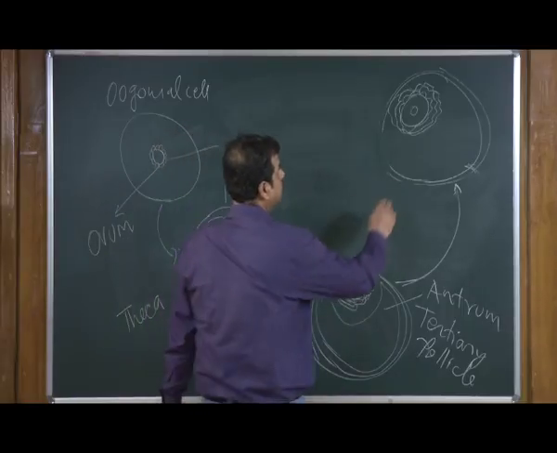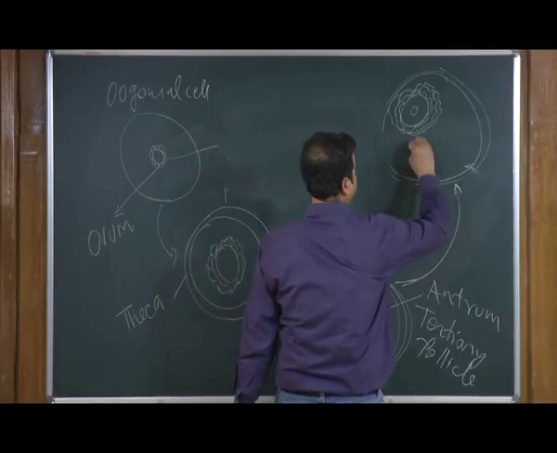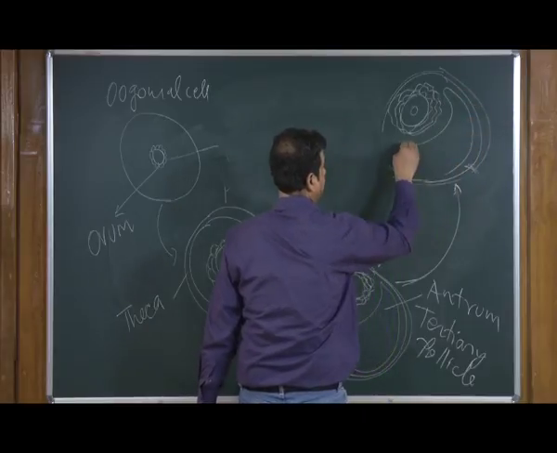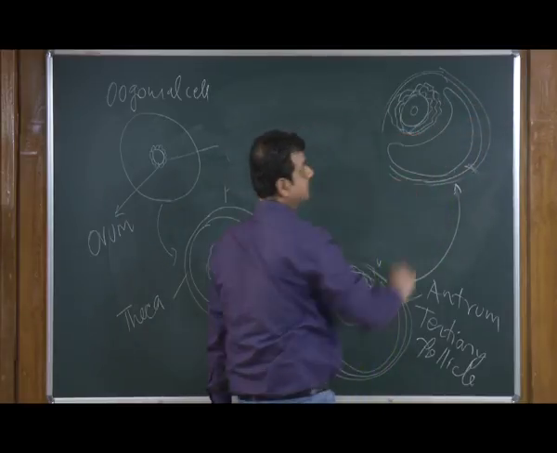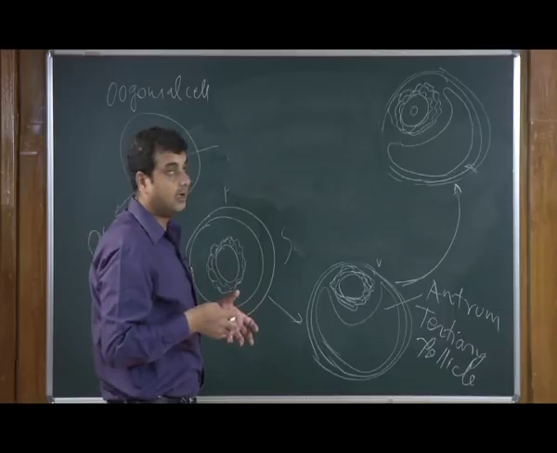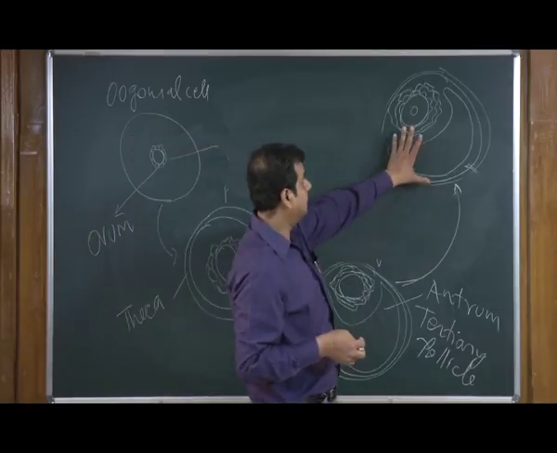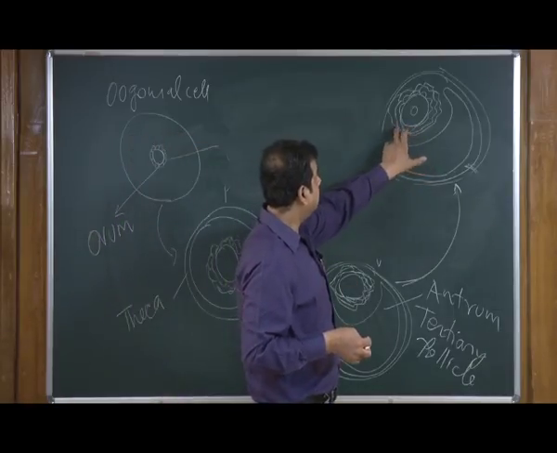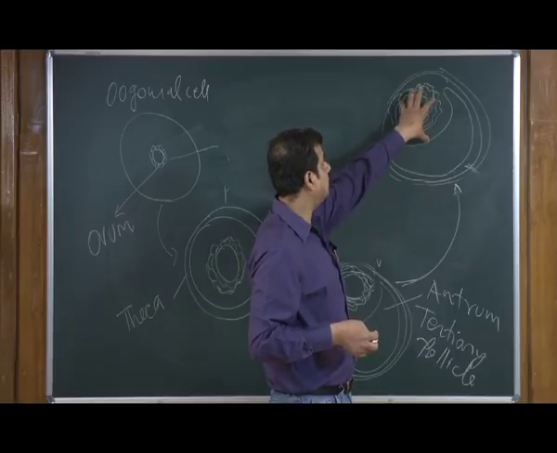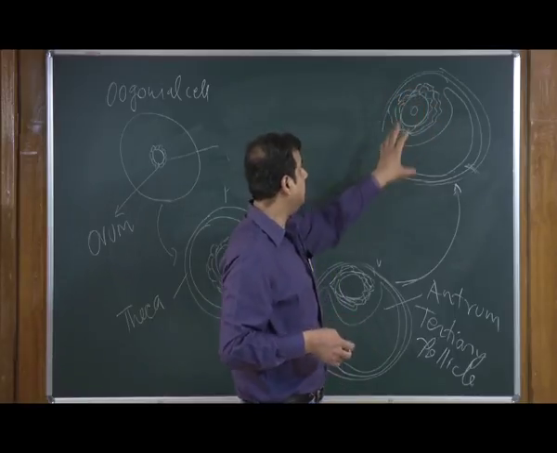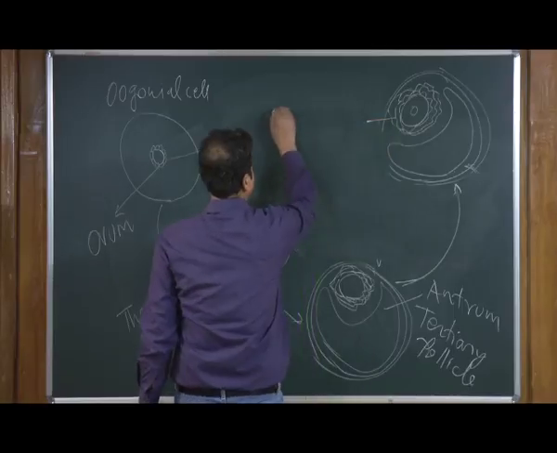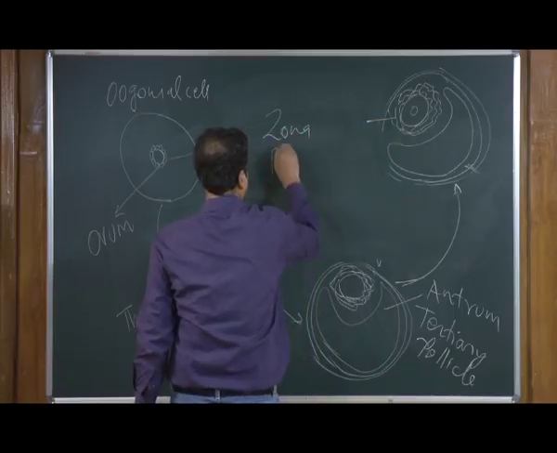In the tertiary follicle we definitely have the antrum, and then the developing ovum inside. This additional layer of cells surrounding the ovum is called the zona pellucida.